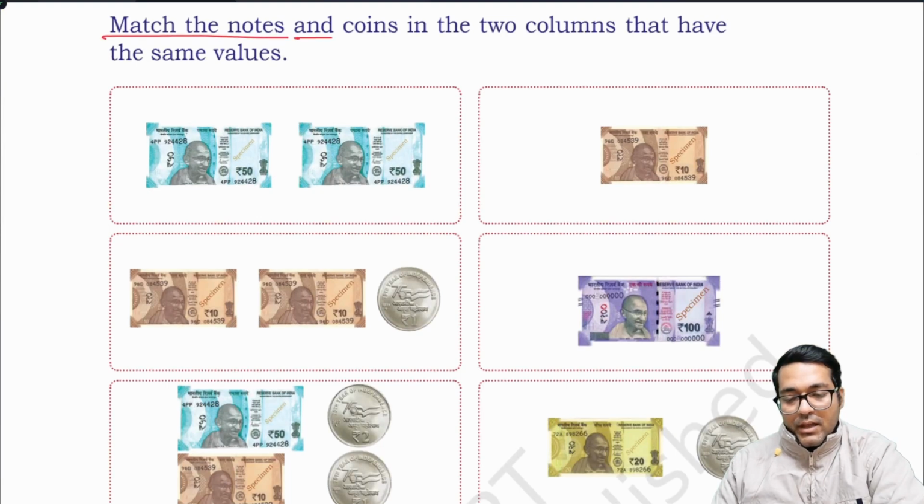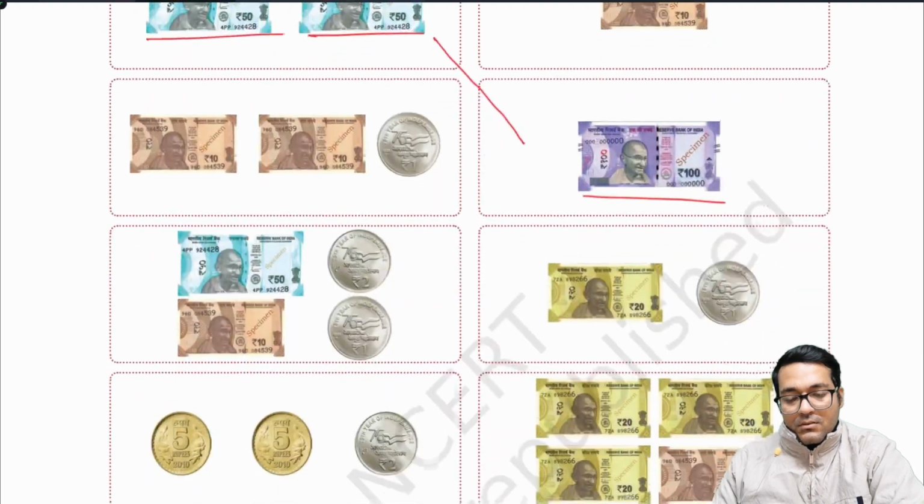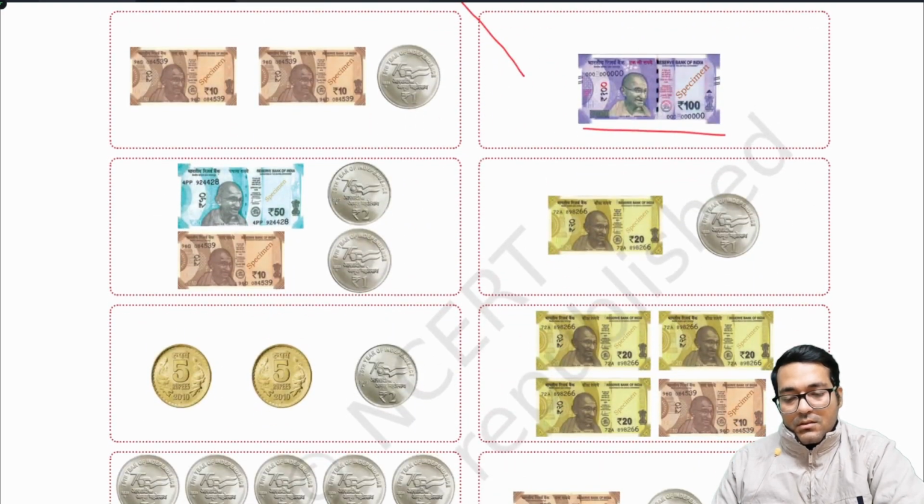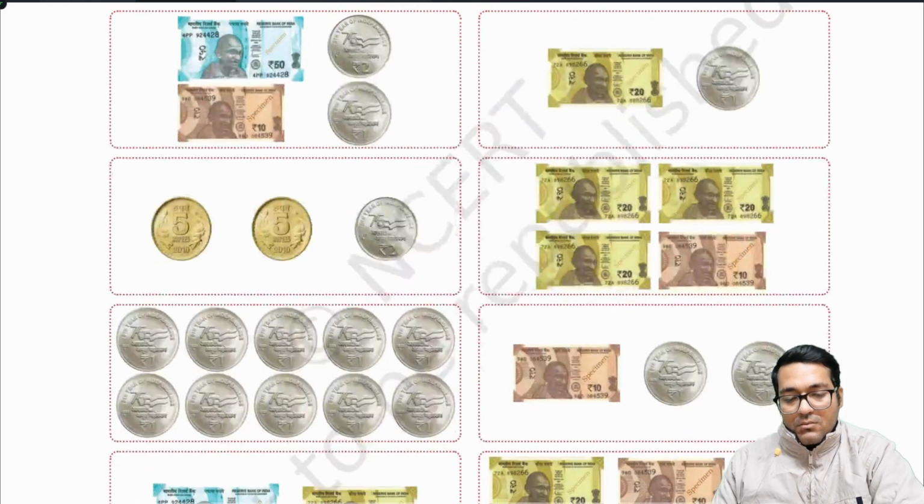Match the notes and coins in the 2 columns that have the same values. 50 rupees, that is equal to 100 rupees. Similarly, 10 rupee, that is 20 rupee, and 1 rupee, that is 21 rupee.